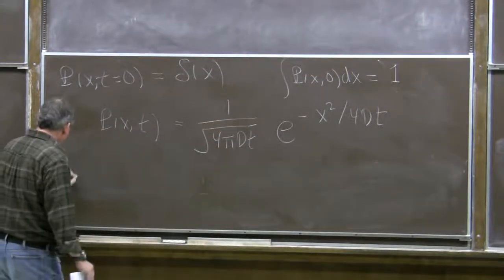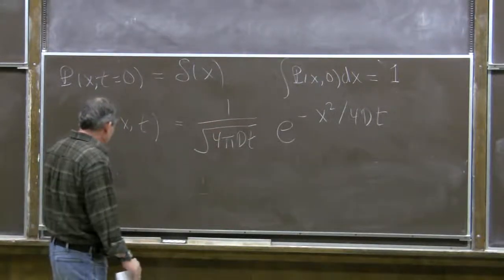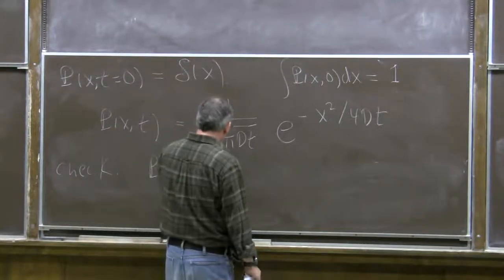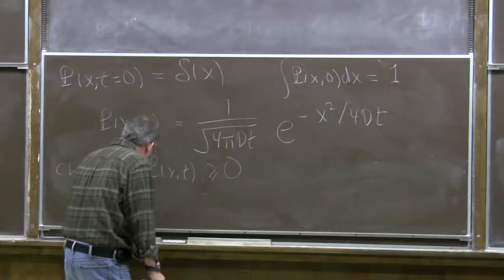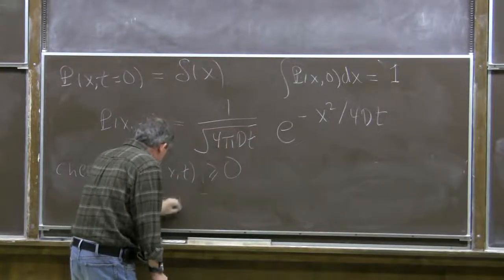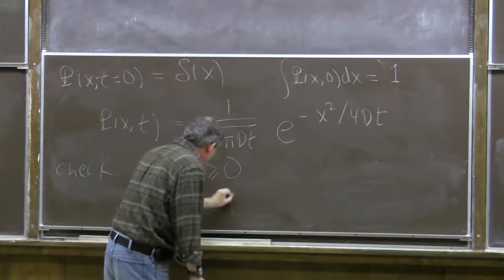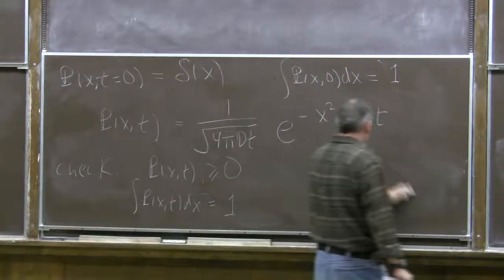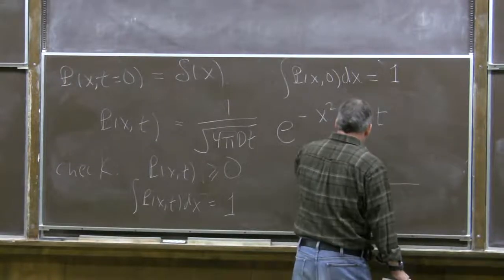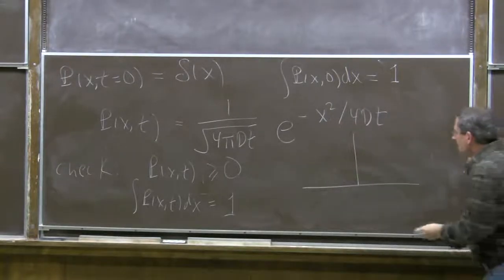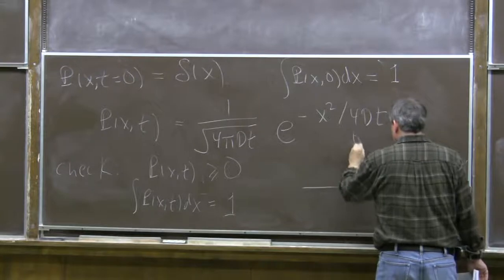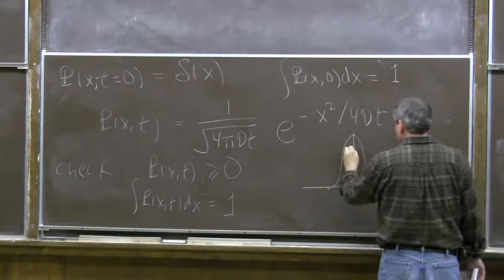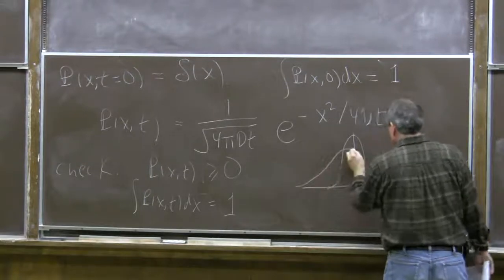So we can check that p of x,t is non-negative, and that the integral at all times is 1. So what happens to our delta function is that it spreads out. That's the distribution at time 0. And then at a later time, it's a broader Gaussian. And at a still later time, an even broader Gaussian.